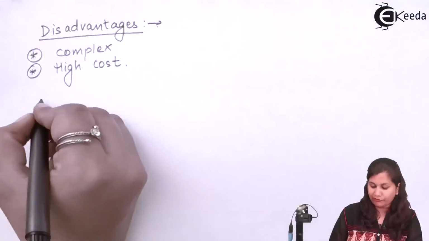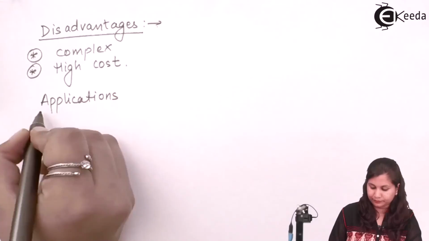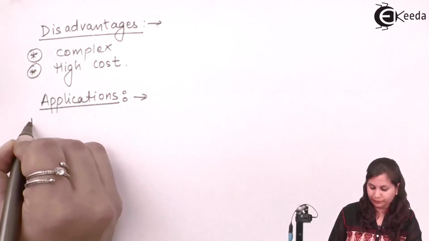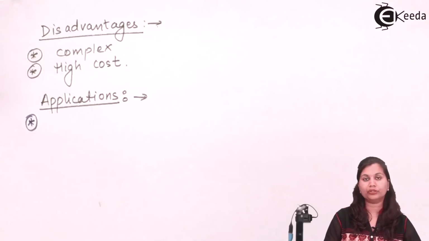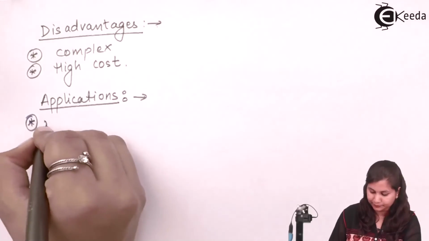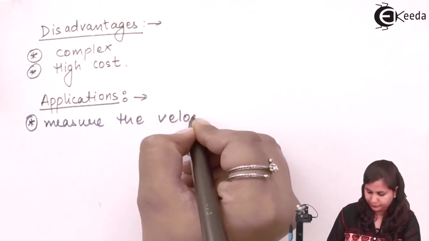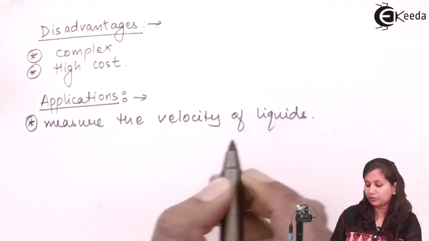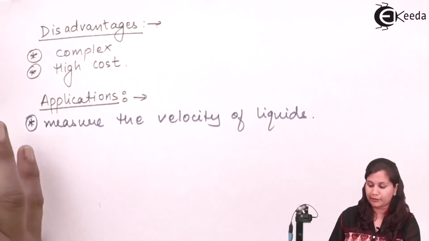Now let us study some of its applications. Ultrasonic flow meters are generally used to measure the flow rate of liquids. But here only those liquids which can allow the ultrasonic waves to pass through them, only those liquids' velocity can be measured.